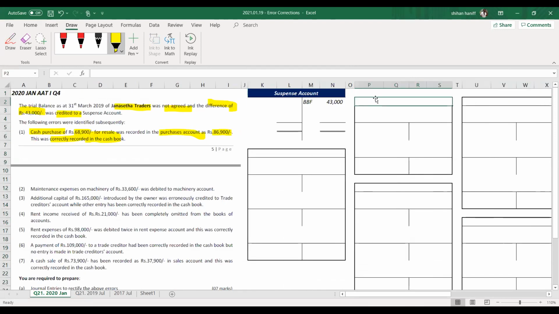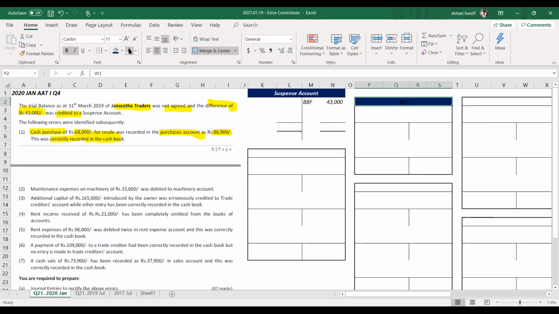So let me do the workings here. Working number one. So we need a cash account and a purchases account.